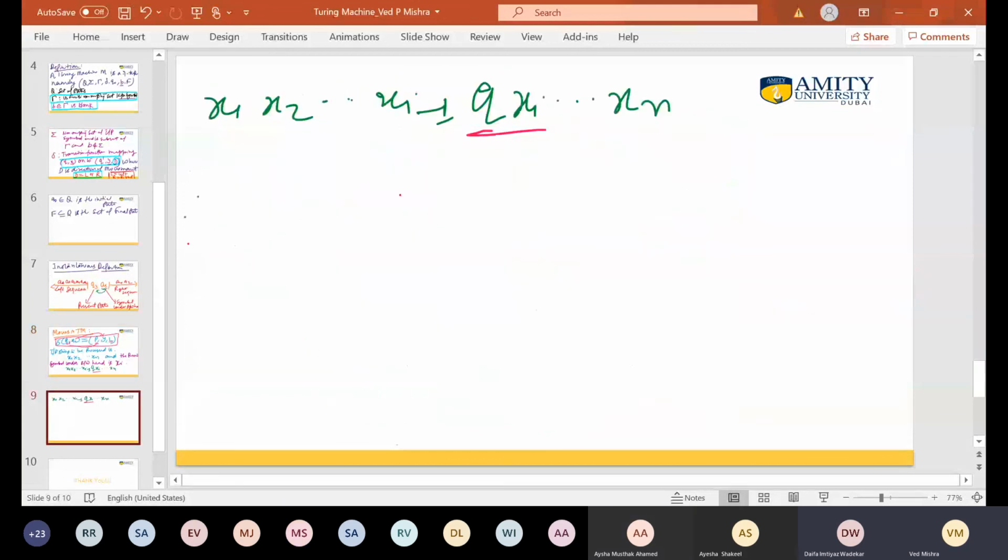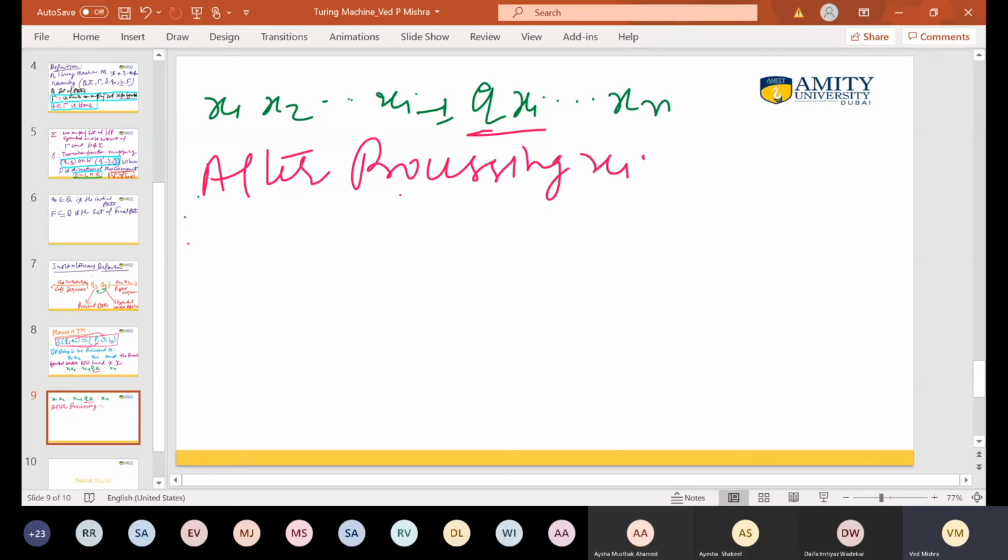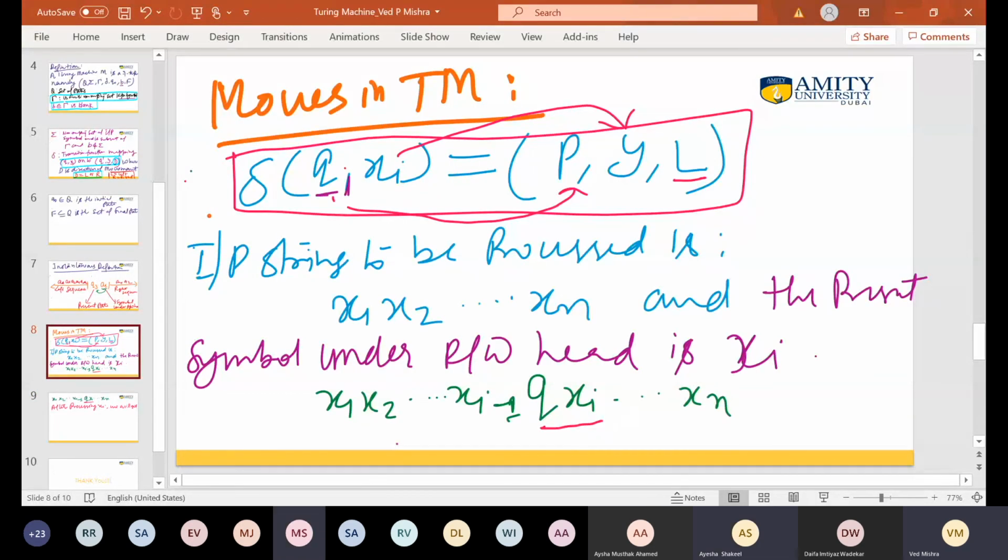One cell left. So what can you write after processing xi? We will get q becoming p, and xi becoming y.